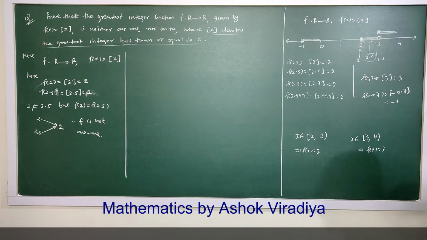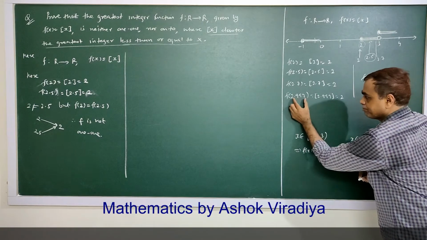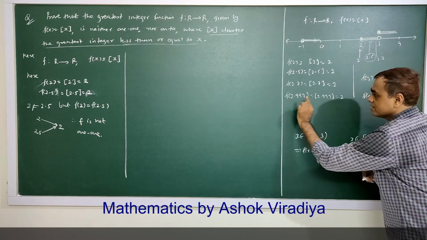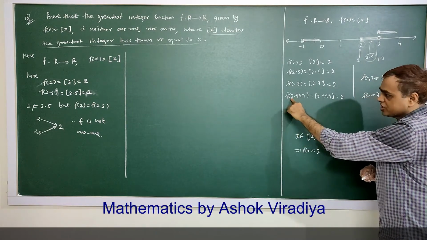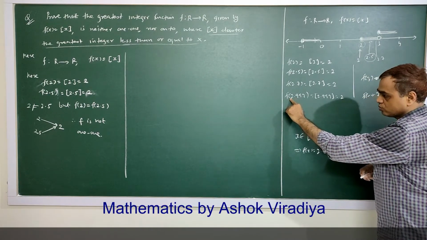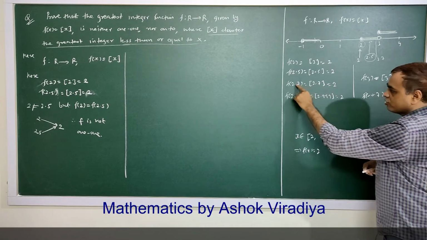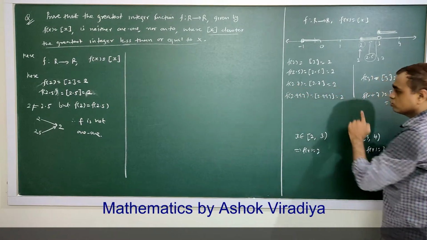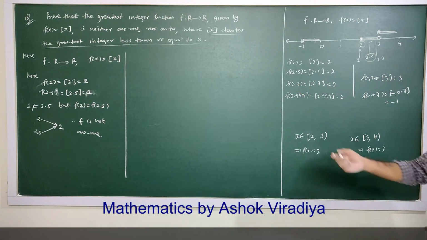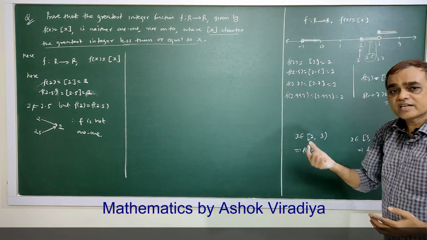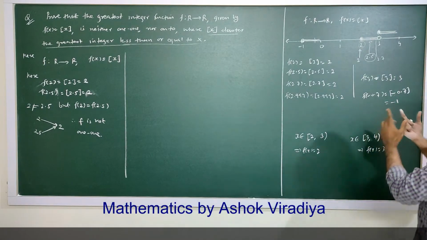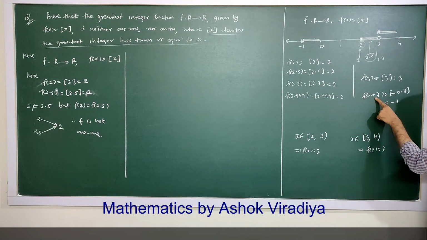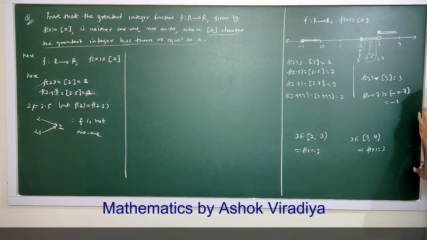It is not like that whatever you keep, the output is the integer on the left of the decimal point. Here left of the decimal point is 2, so output is 2. But not always like that. If the number is positive, then you may feel like that. But since the number is negative, here left of the decimal point is 0, but the output is not 0.